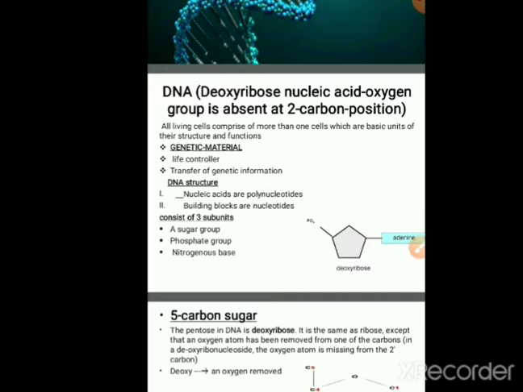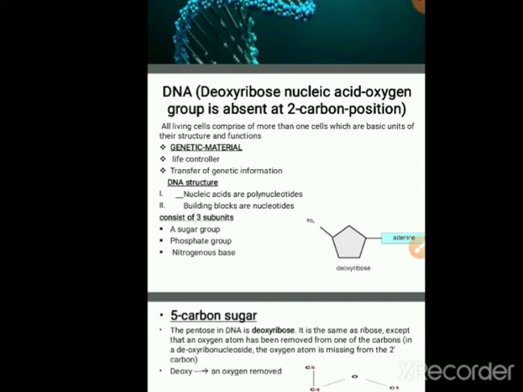In a simple way, every cell contains every makeup, but they are muted. They are inactive to do other activities. So all living things comprise more than one cell, and every cell has its own DNA. That DNA enables every cell to perform the various activities that it has to do.